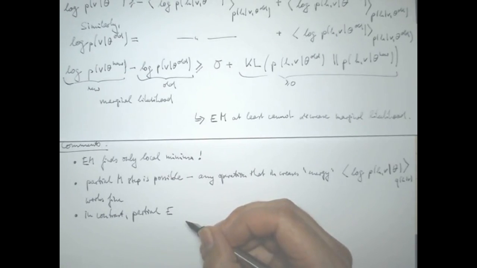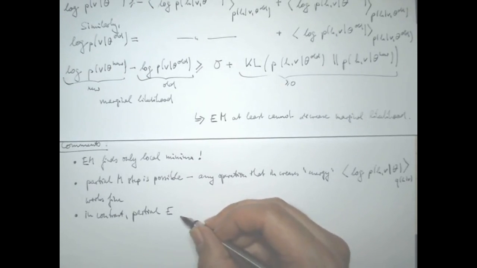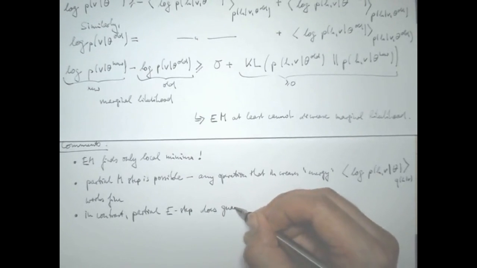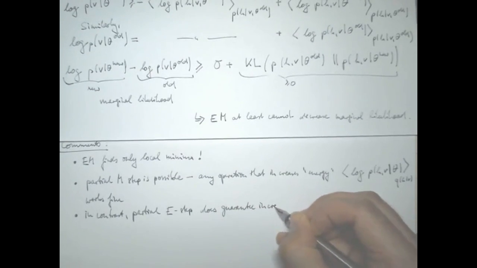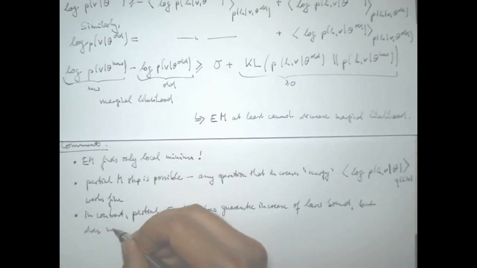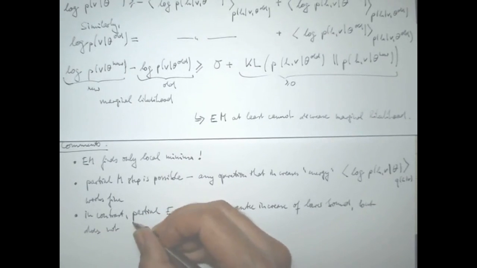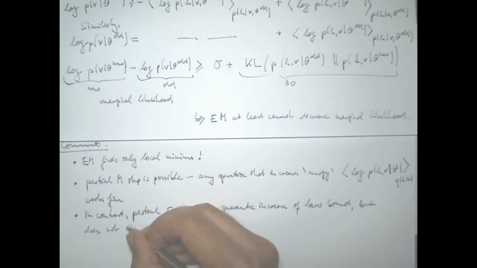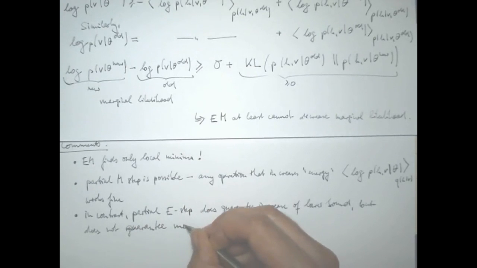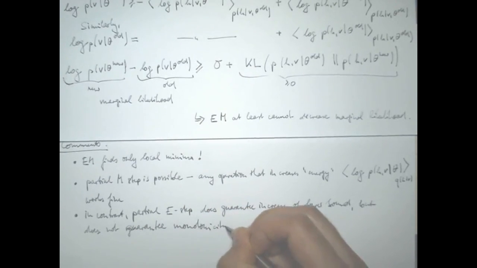And if we don't do that, so if we use a partial E step, that still does guarantee an increase of the lower bound, but it does not guarantee this monotonicity property of the marginal likelihood.